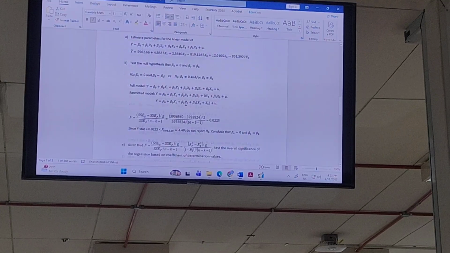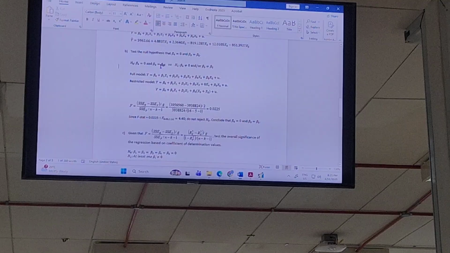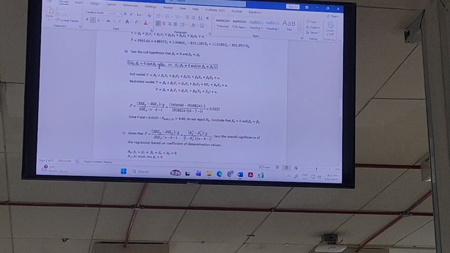But this one has two equal signs: beta 4 equals 0 and beta 3 equals beta 5. So if you calculate manually, your G is 2, not 1. G is the number of restrictions, how many equal signs you have. 1, 2. Okay? Previously in question 1, you had 1.